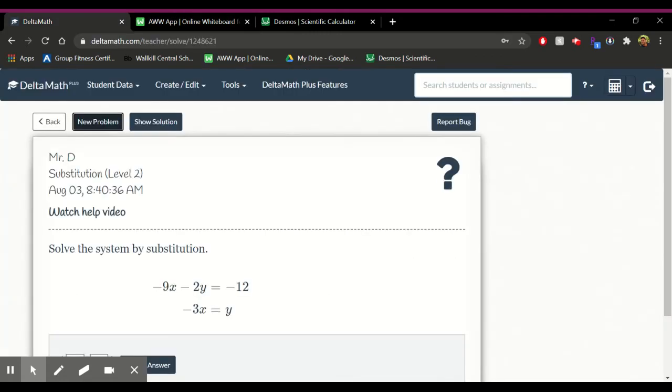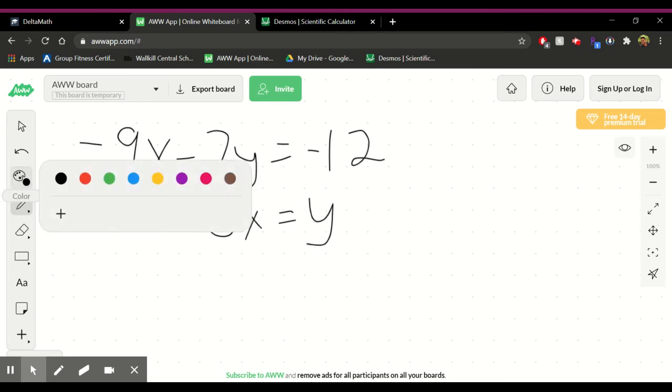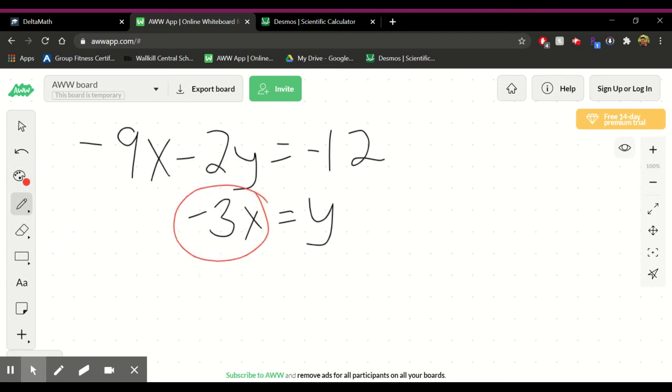And we have negative 3x equals y. So in this case, the y is isolated in the bottom equation.